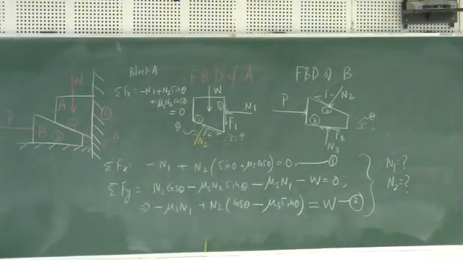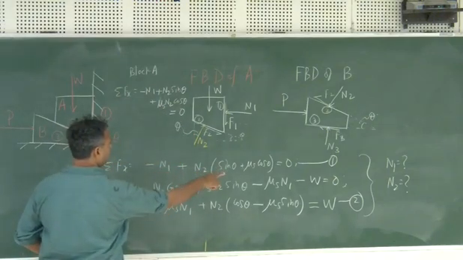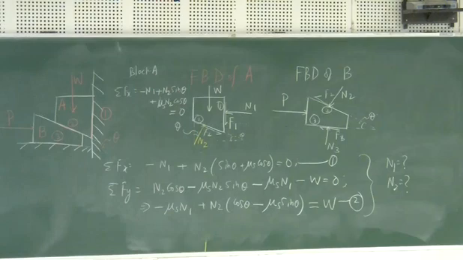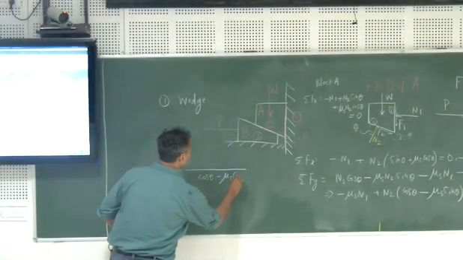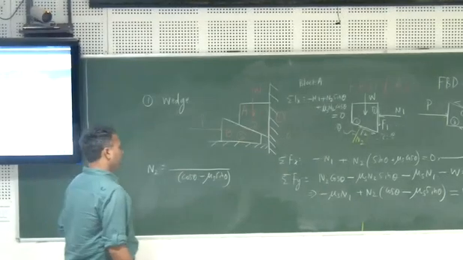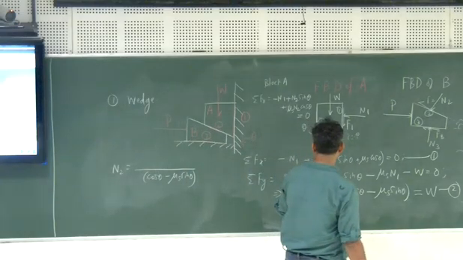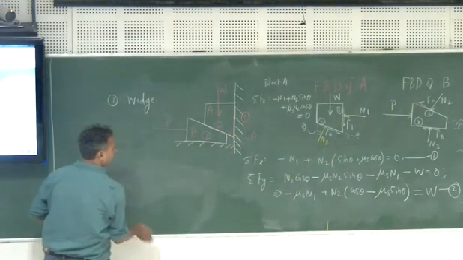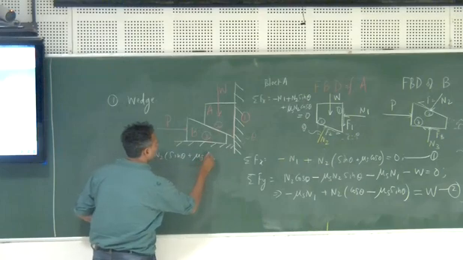After you know N1 and N2, basically if you substitute your N1, which is nothing but N2 times this one, you will be getting N2 equals, write down, N2 equals cos theta minus mu s sin theta. And on the top, N1 equals N2 sin theta plus mu s cos theta.